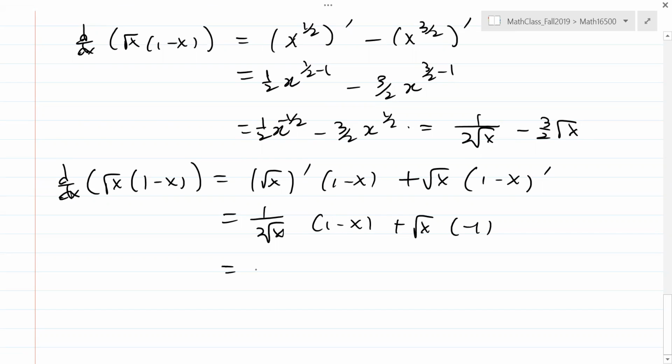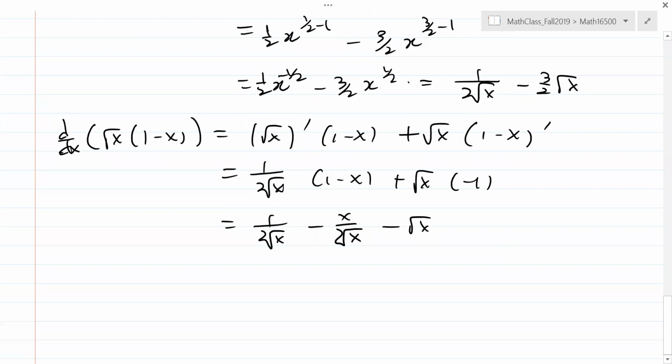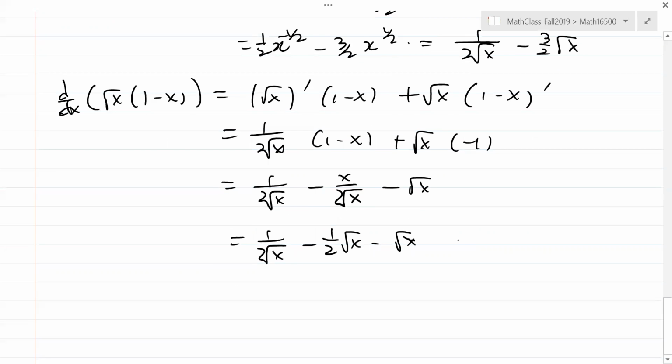All right, so let's multiply this out. x over square root of x is just square root of x. Then combine those two terms together.